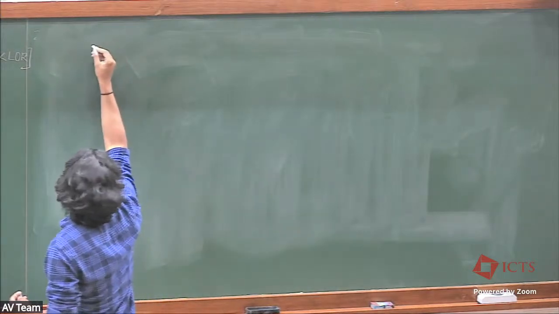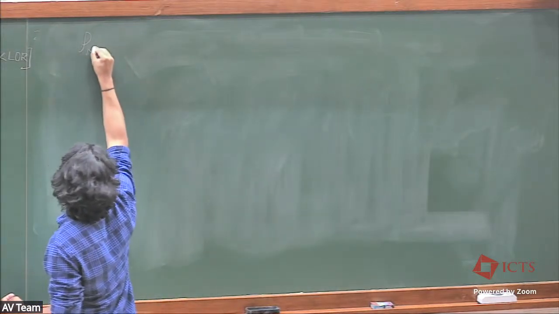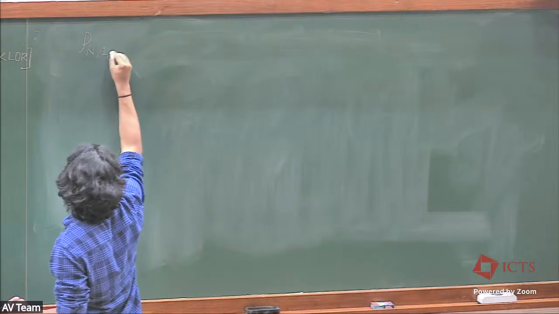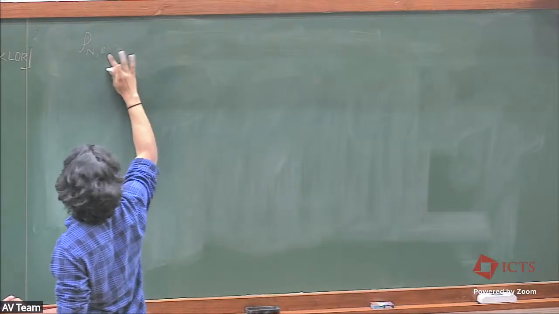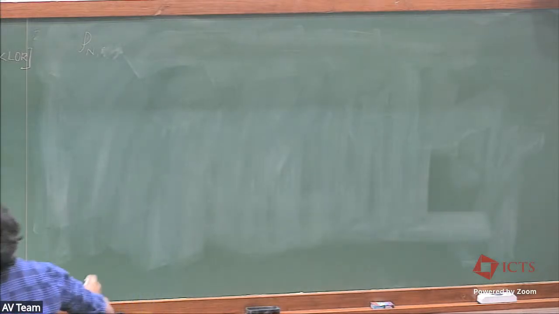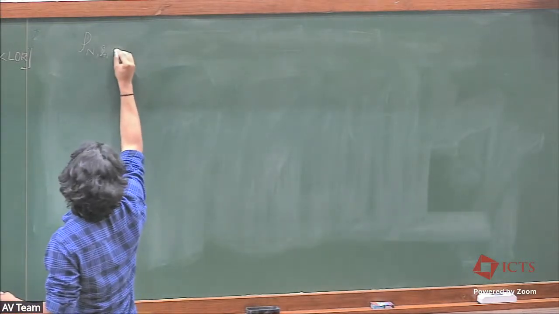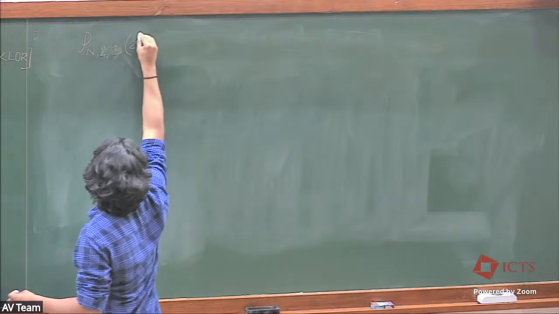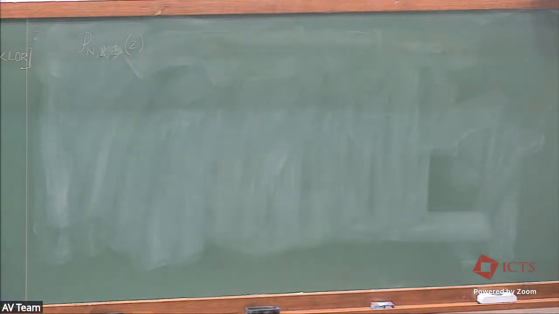Okay. So we have the following. So this index 2 here is simply the weight of the Poincare series.